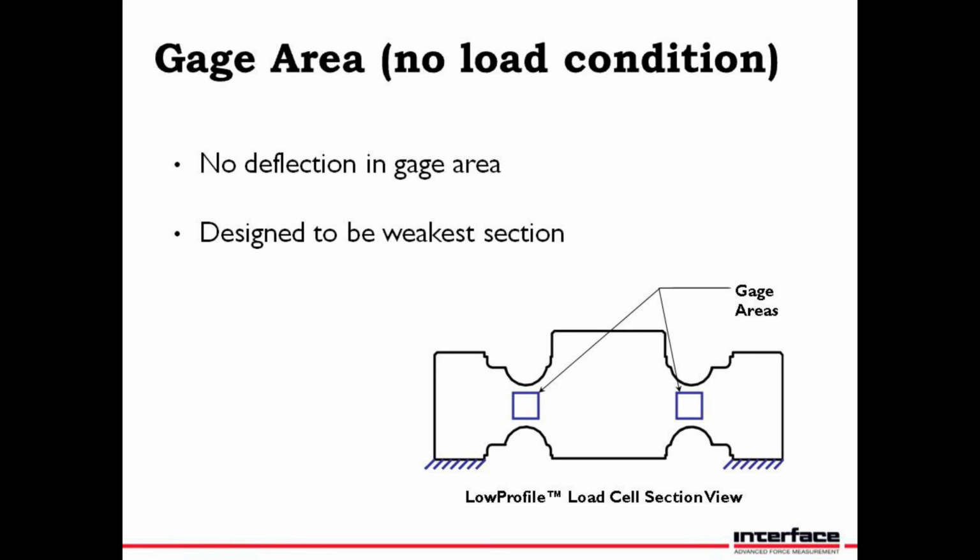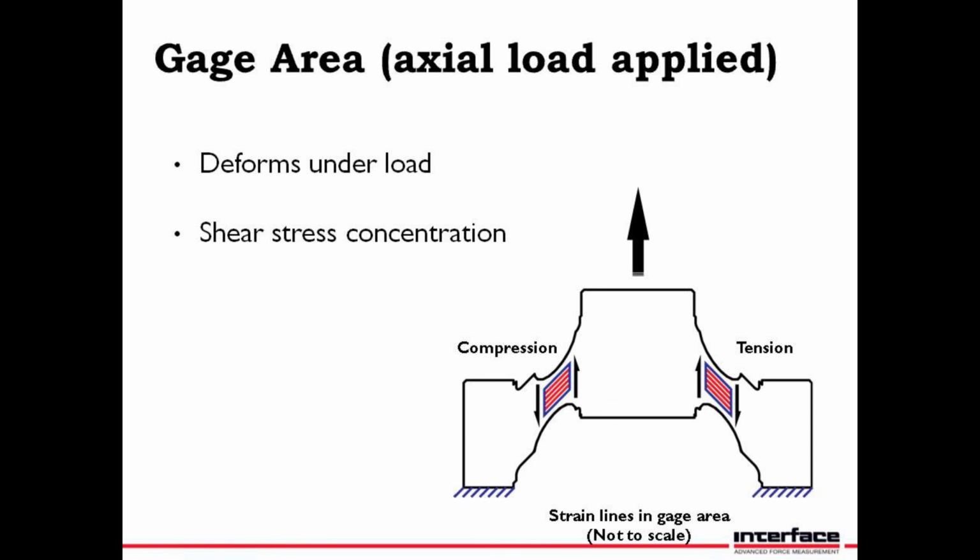In this case, there is no load being applied yet, but if we move on to the next slide and we apply a tension load, we can see that those beams are deforming. And now what we have inside those blue boxes, represented by the red lines, are strains.